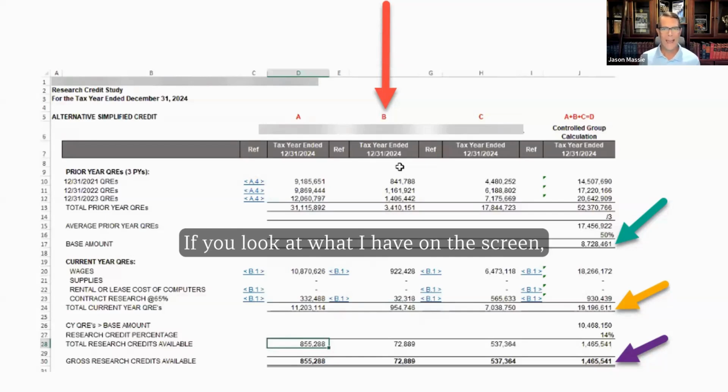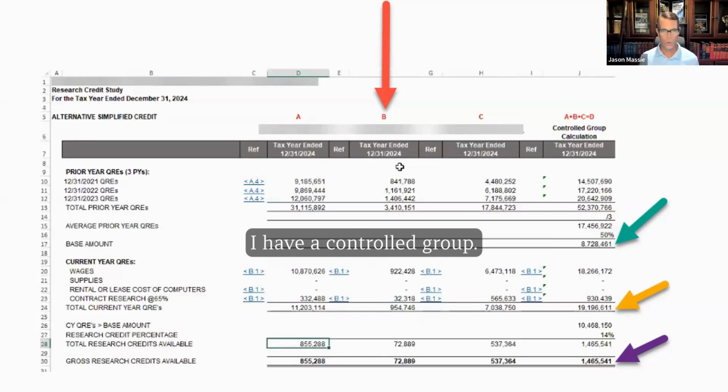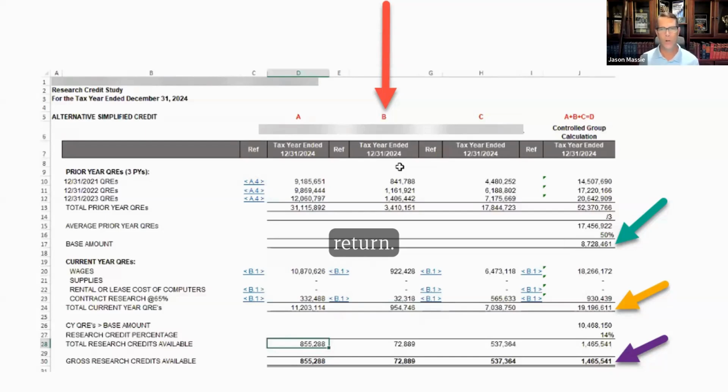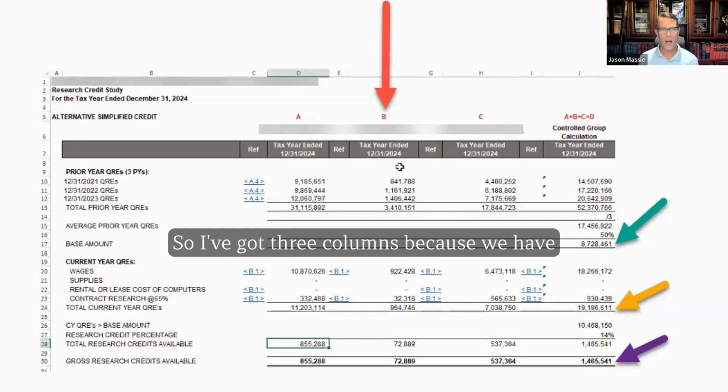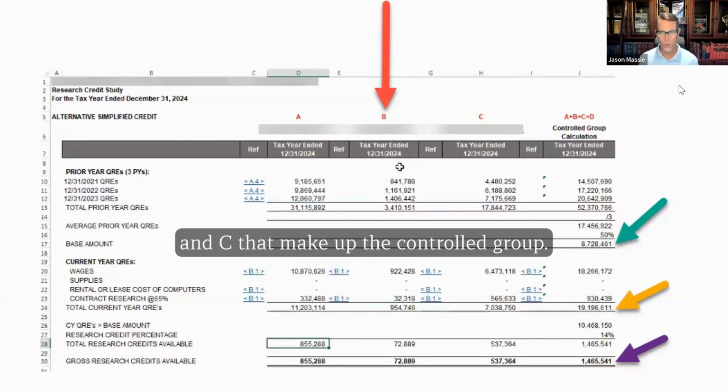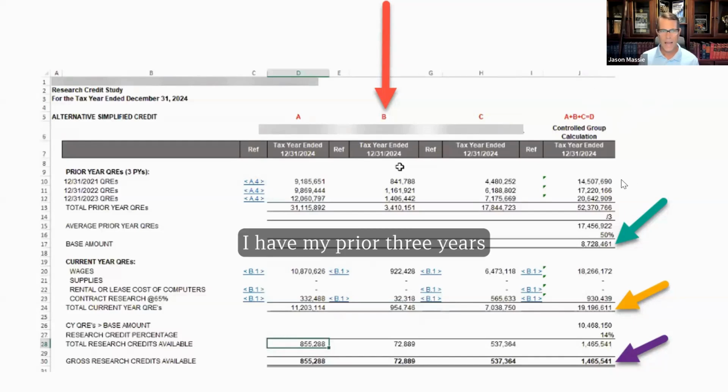If you look at what I have on the screen, I have a controlled group. This only impacts potential controlled group filers where the member is filing a separate return. So I've got three columns because we have companies A, B, and C that make up the controlled group. If you look over here to the far right in column J, I have my prior 3 years' worth of information for my base period calculation for the control group.